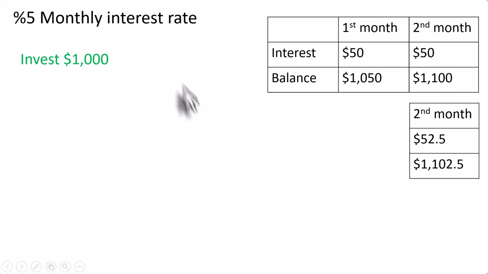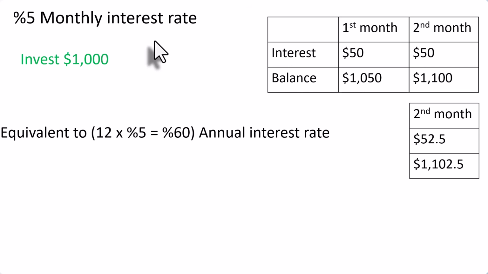Now, a 5% monthly interest rate is equivalent to a 60% annual interest rate because each year has 12 months. So a 5% monthly interest rate is equivalent to 12 times 5%, or in other words, 60% annual interest rate.